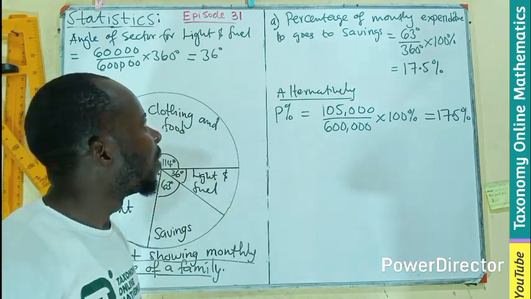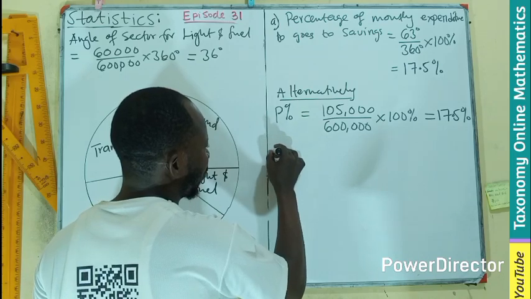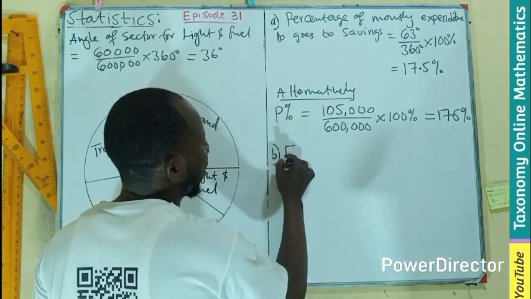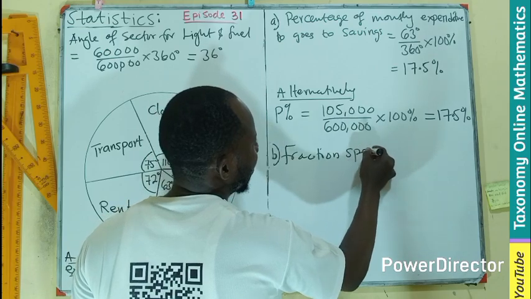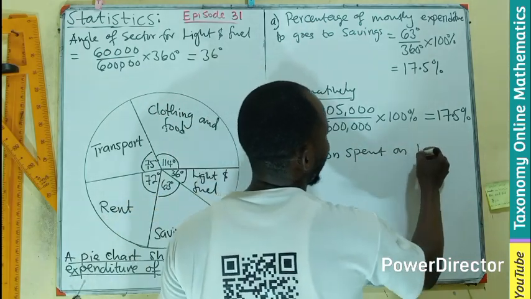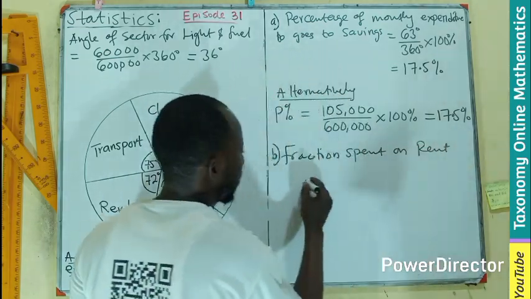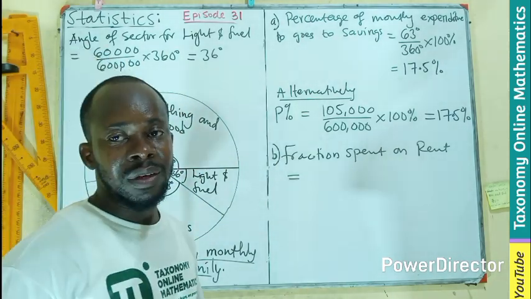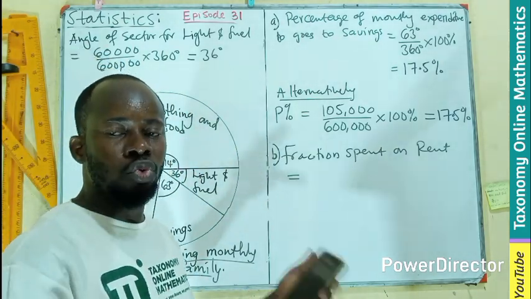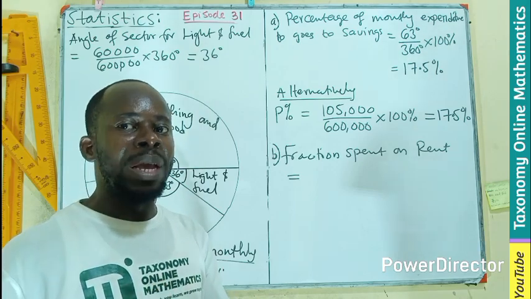All right. Then that will bring us to the B. So we can look for the fraction spent on rent. Remember, fraction is a comparison between two things. So we are comparing the rent to what they are supposed to spend, or the monthly salary.